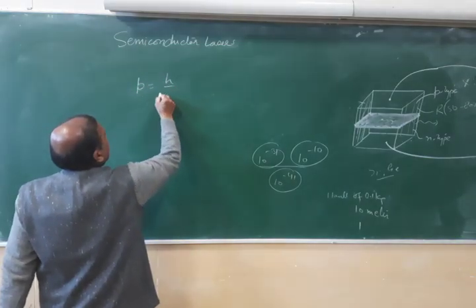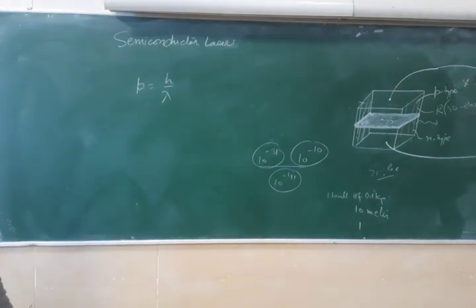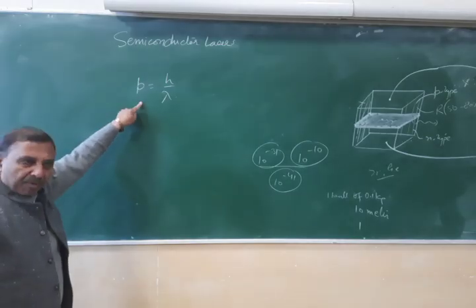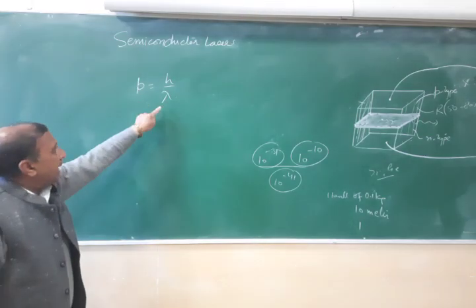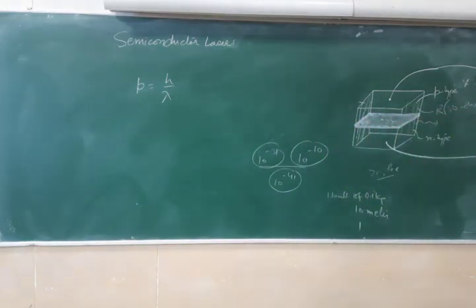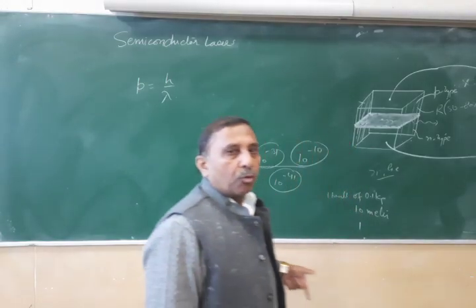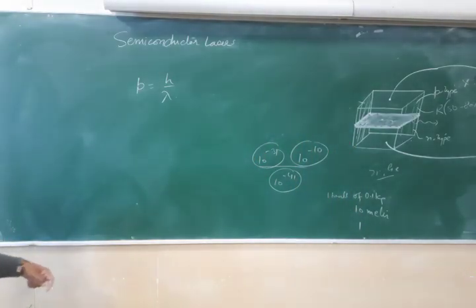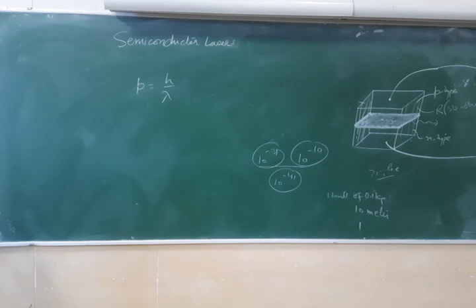to h by lambda. You have a relation where you have P equal to h by lambda. P is the momentum of the particle and lambda is the wavelength associated with that particle. If a particle is behaving like a wave, then the wavelength is lambda. So wavelength is a wave property and momentum is a particle property.